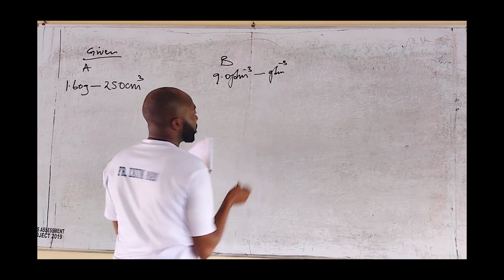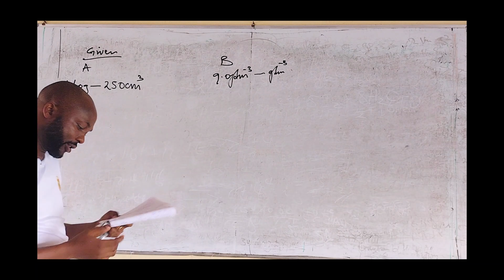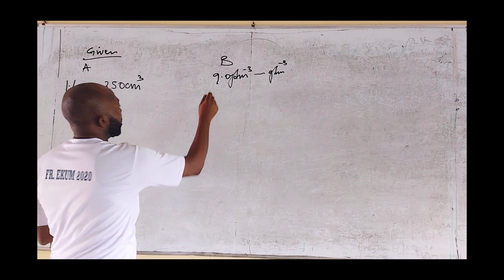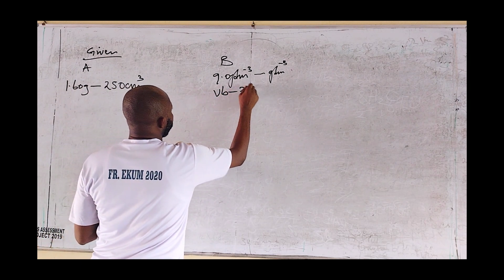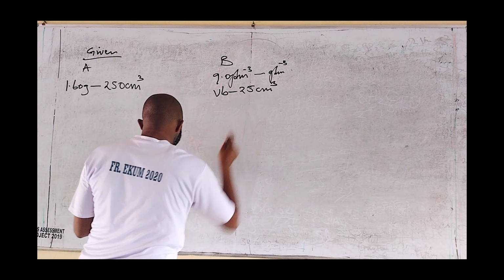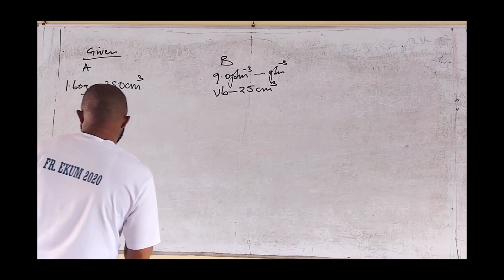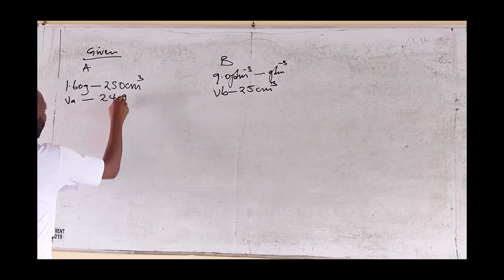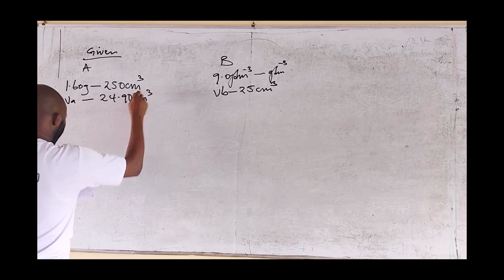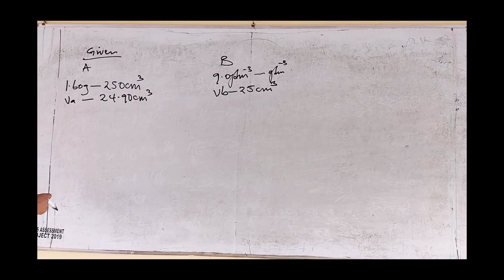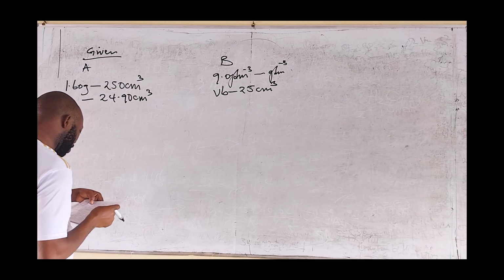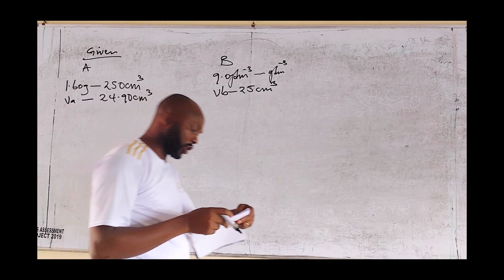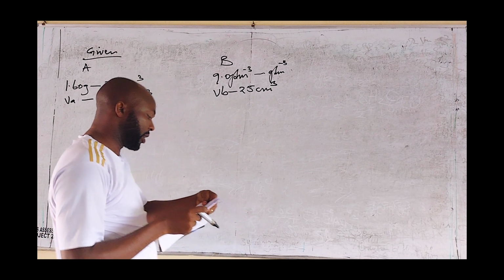The unit g/dm³ is mass concentration, don't forget that too. 25 cm³ portions of B, the volume of the base, is 25 cm³. It required an average volume of the acid of 24.90 cm³ for complete neutralization, to calculate the concentration of the acid in mole per dm³, the concentration of the base, and so on.